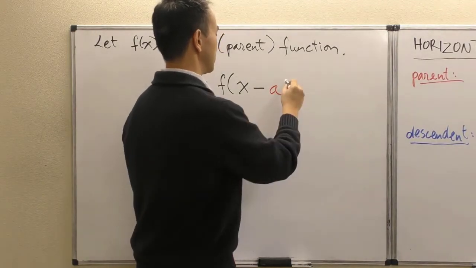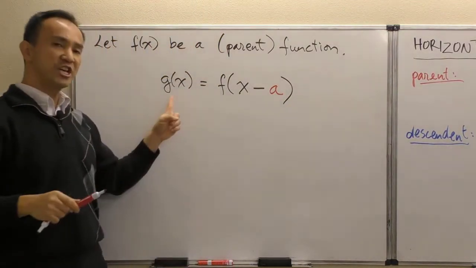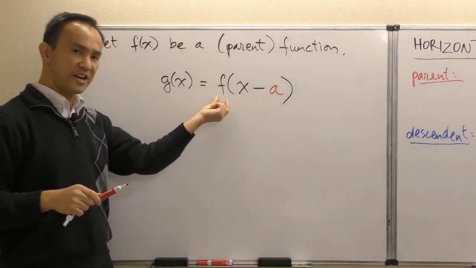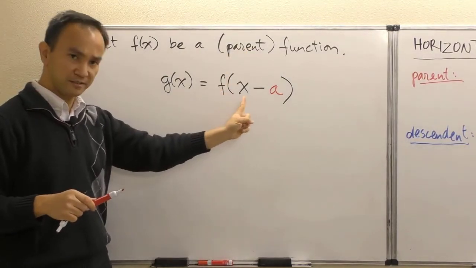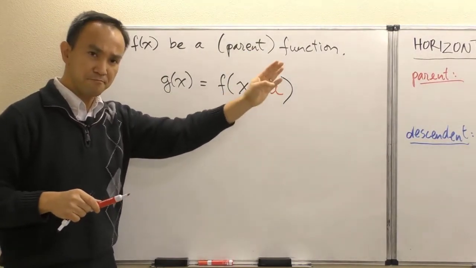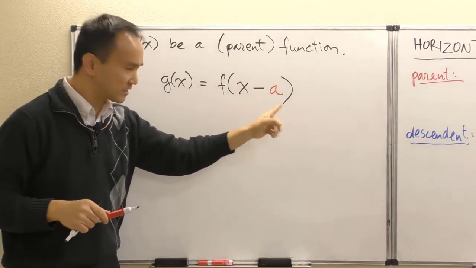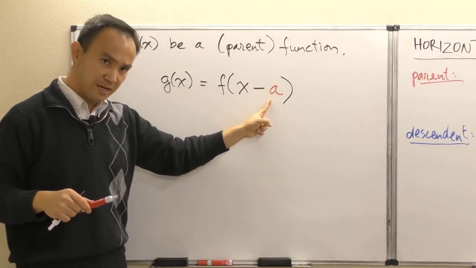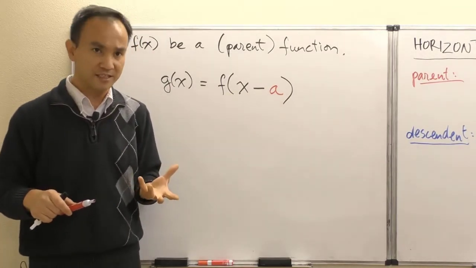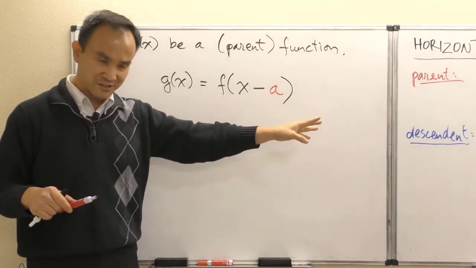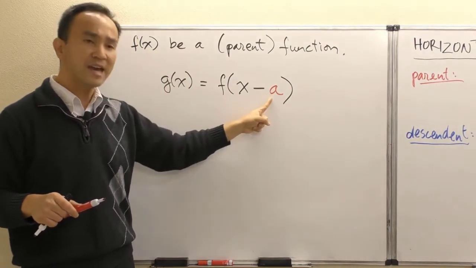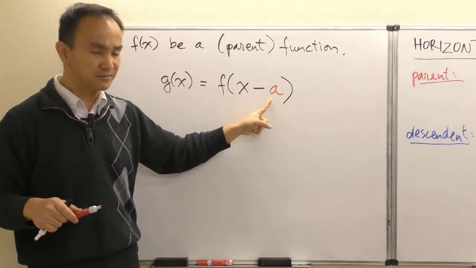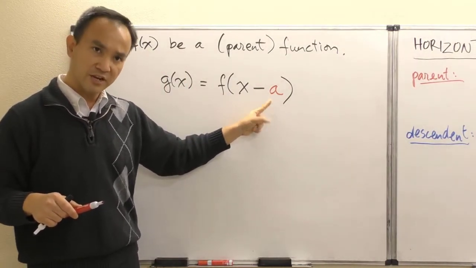So any function g of x defined as the function f, that parent function, but taking inputs x minus, or x subtract, a value a. And at this point, a could be positive, a could be negative, because in a general rule like this, we've considered a lot of cases earlier, but now generally speaking, a here is just a value. It could be positive, it could be negative, it could even be 0.